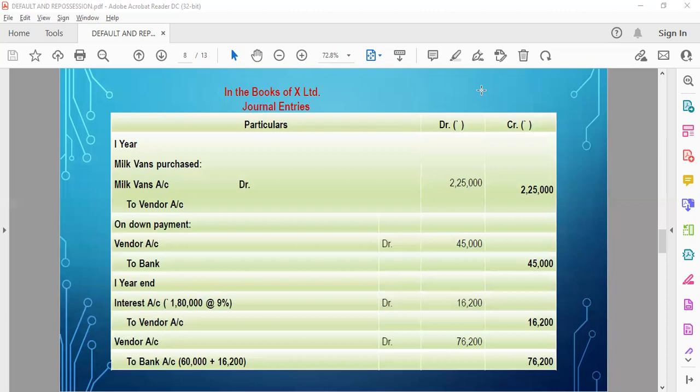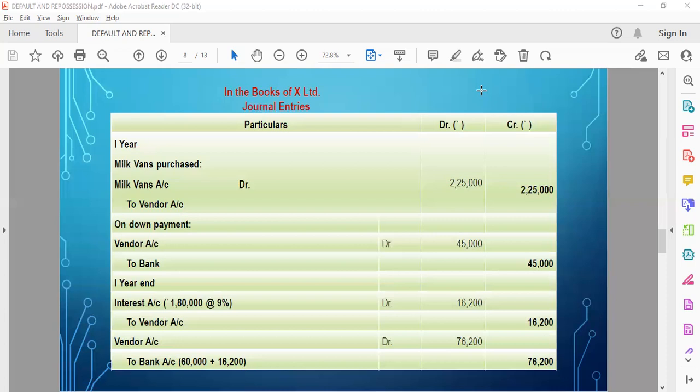They agreed to give interest at the year end, right? The company should give the interest at the rate of 9%. How can we calculate the interest? The total cost of the milk van is 2,25,000, right?